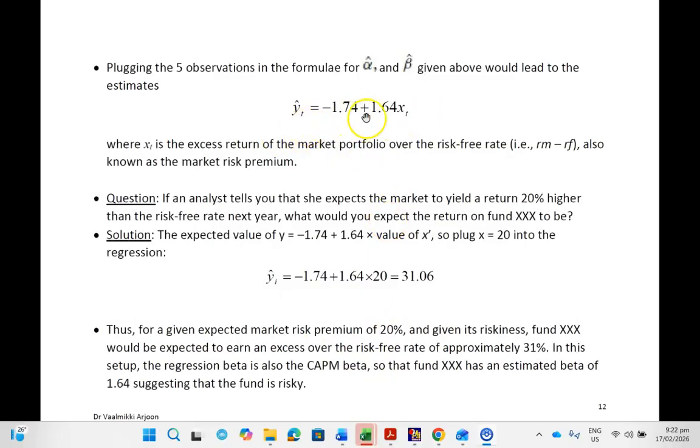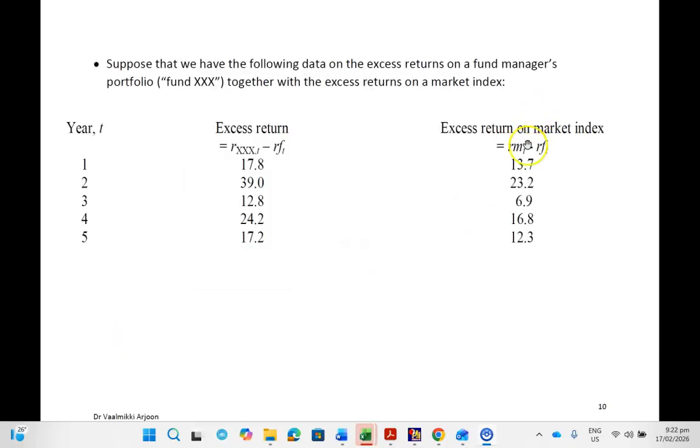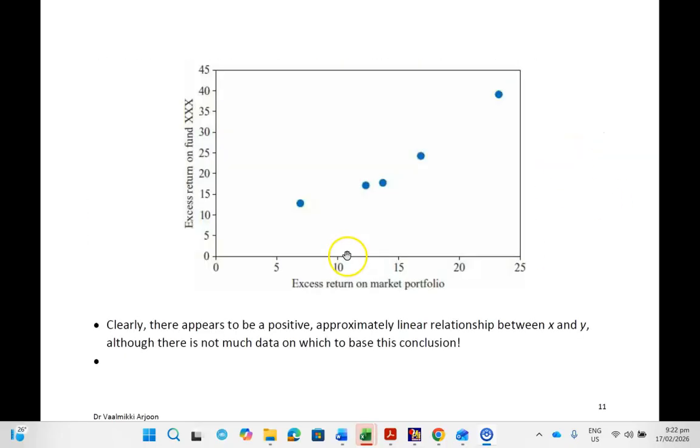This is what our regression equation would be, where X is the excess return on the market portfolio over the risk-free rate, RM minus RF, also known as the market risk premium. As I indicated earlier, this is your X variable.